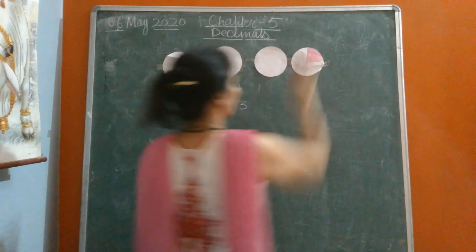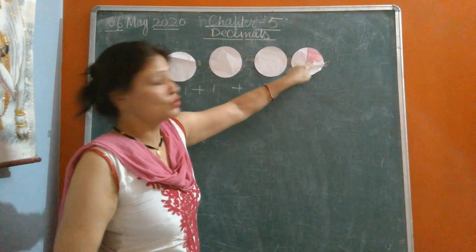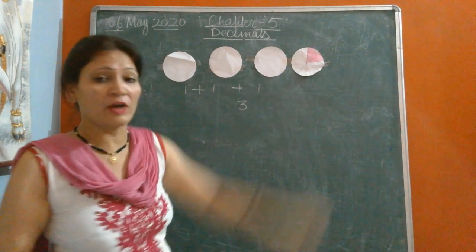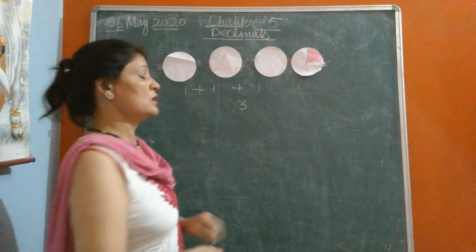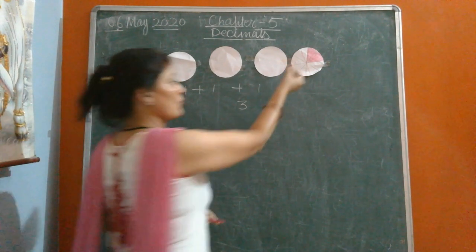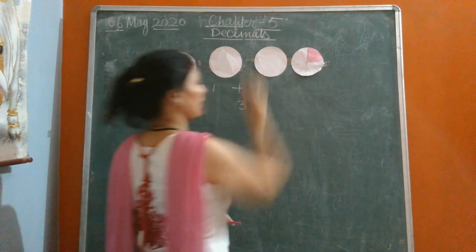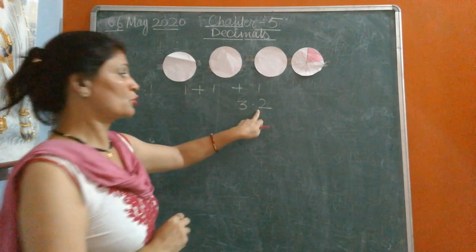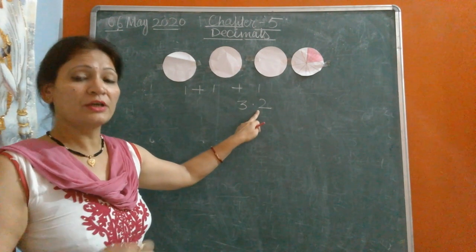So if we have filled 2 parts of this circle, because there are 10 parts, how many filled parts of the 10? 2 parts. So 2 parts are filled out of 10 parts.